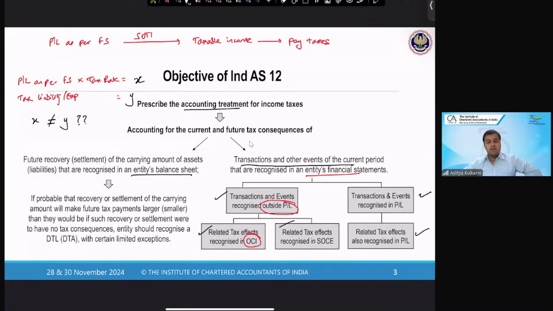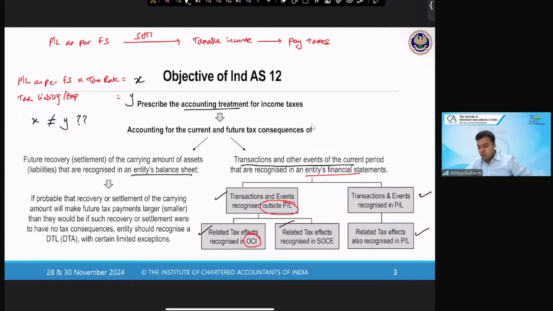Are we okay with this? Yes. So that is the objective. You want to give your reader of financial statements a comfort on the tax rate, the profit and loss, as well as the income tax expense that hits your P&L. That is the whole objective of Ind AS 12.